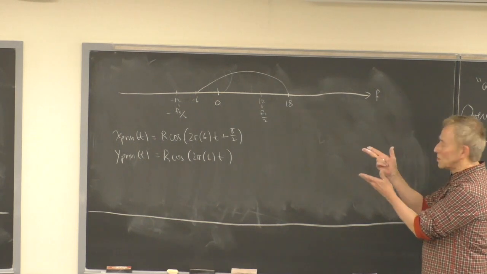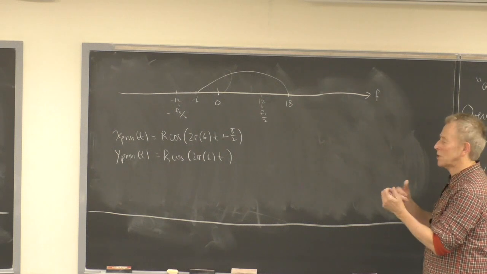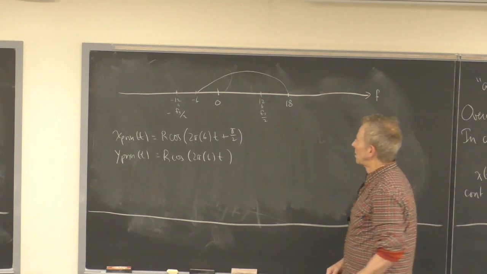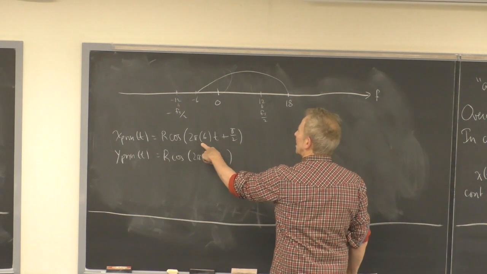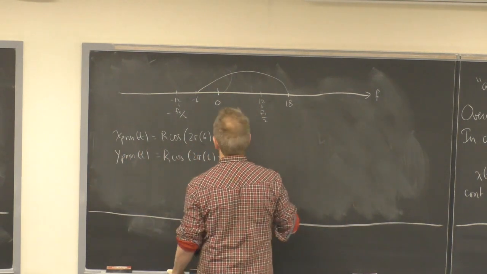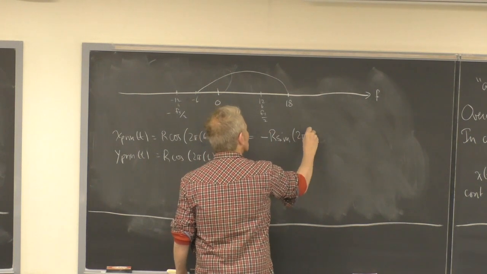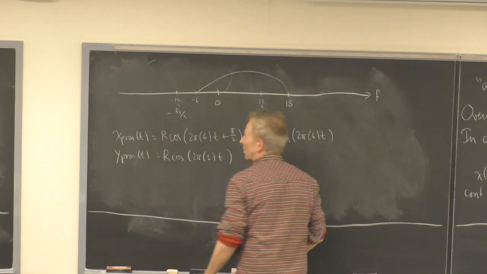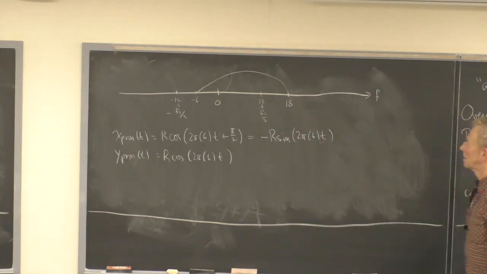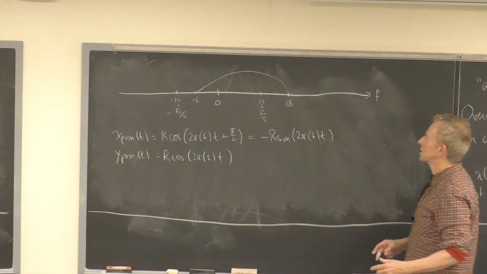Now, what do those x and y things correspond to in terms of real-world rotation? Well, cosine shifted to the left by pi over 2 is minus sine. So this is the same as minus r sine 2 pi times 6t for our new x coordinate. And if you look at what these are doing, what is x doing?